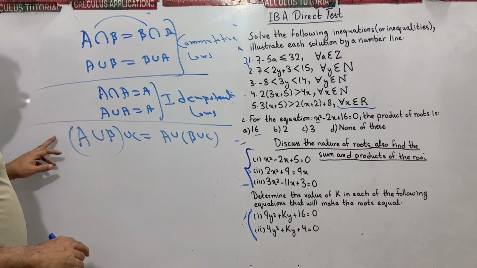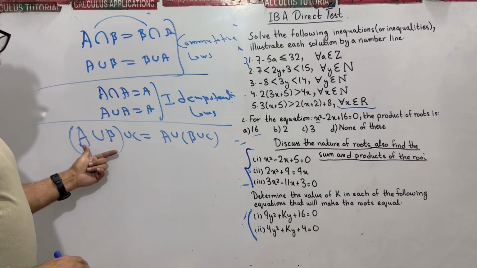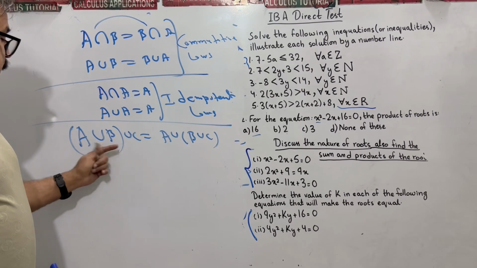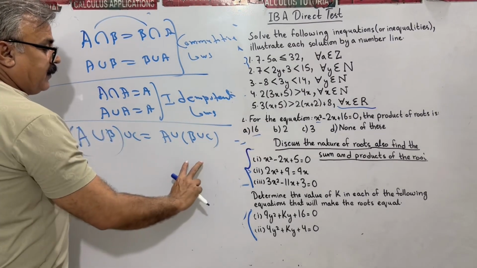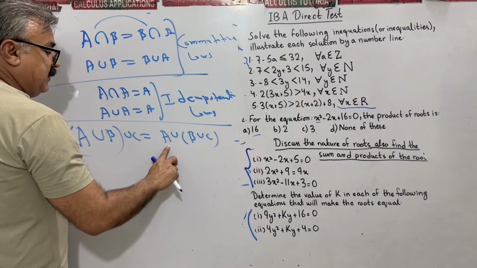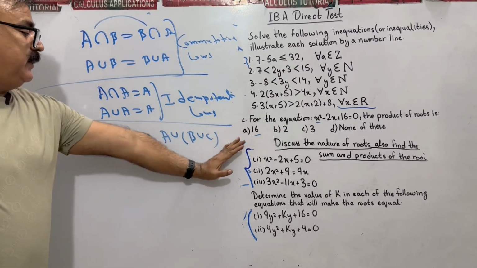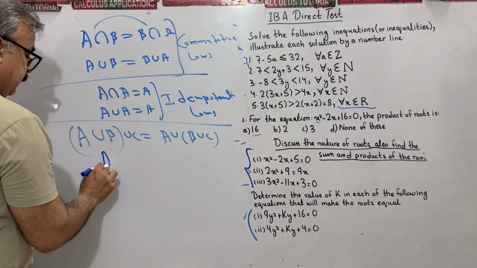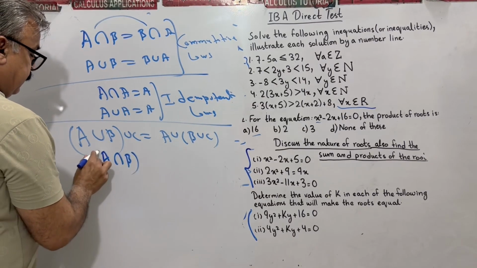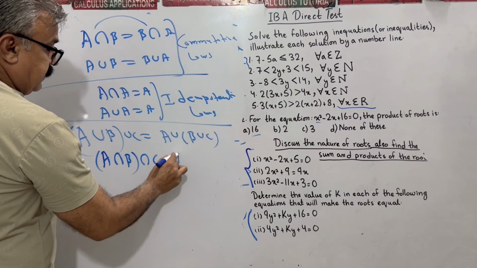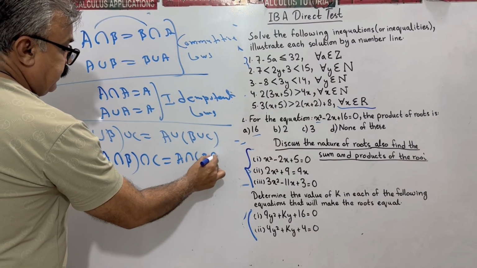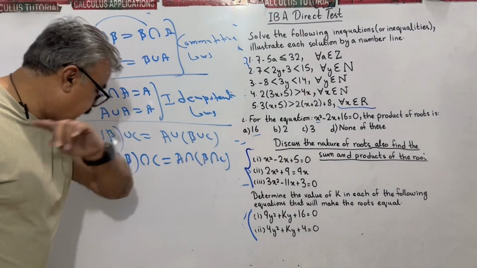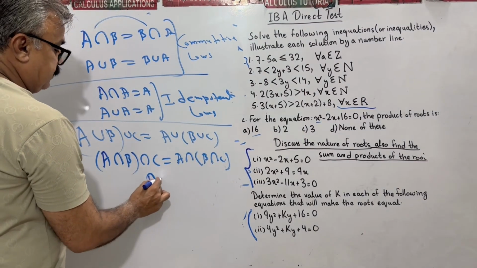We start from left to right: first find the union of A and B, then with C. In the other case, start from the right: first find the union of B and C, then with A. If here it is intersection, A intersection B intersection C is equal to A intersection B intersection C. It is the associative law for intersection. Associative laws.